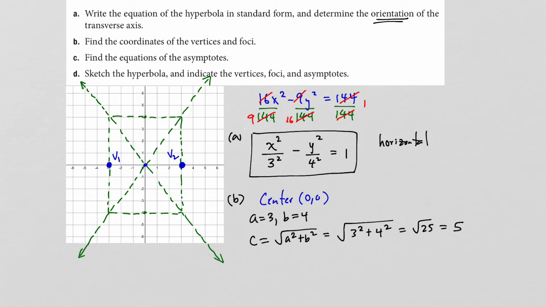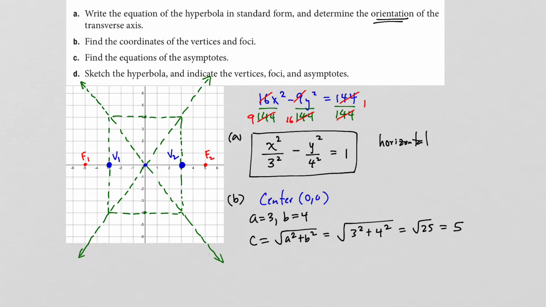So what that tells us is from the center of the hyperbola, we go 5 units to the right. We'll put a point there. And we go 5 units to the left, and we'll put a point there. And those 2 points are the foci. So we have focus 1 and focus 2.